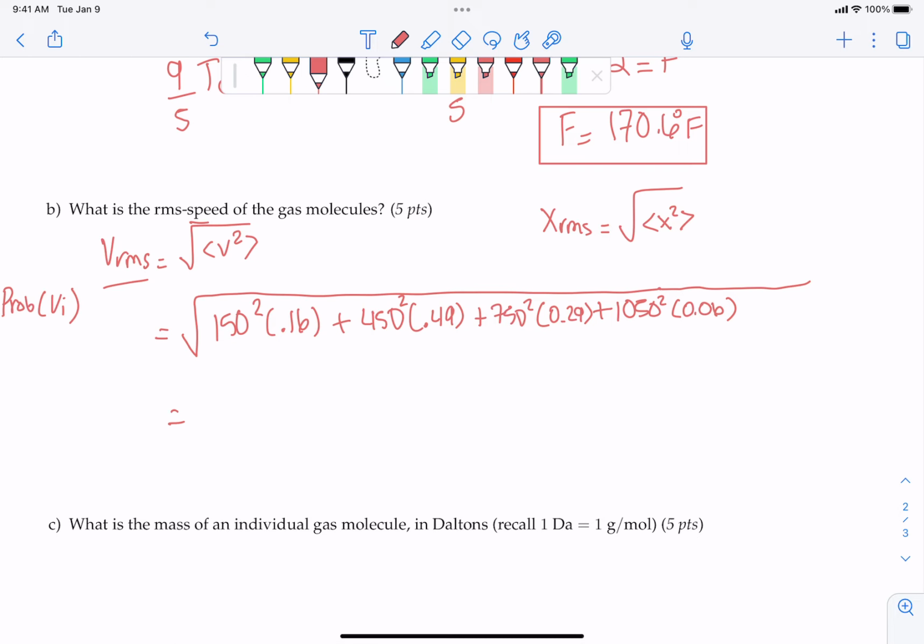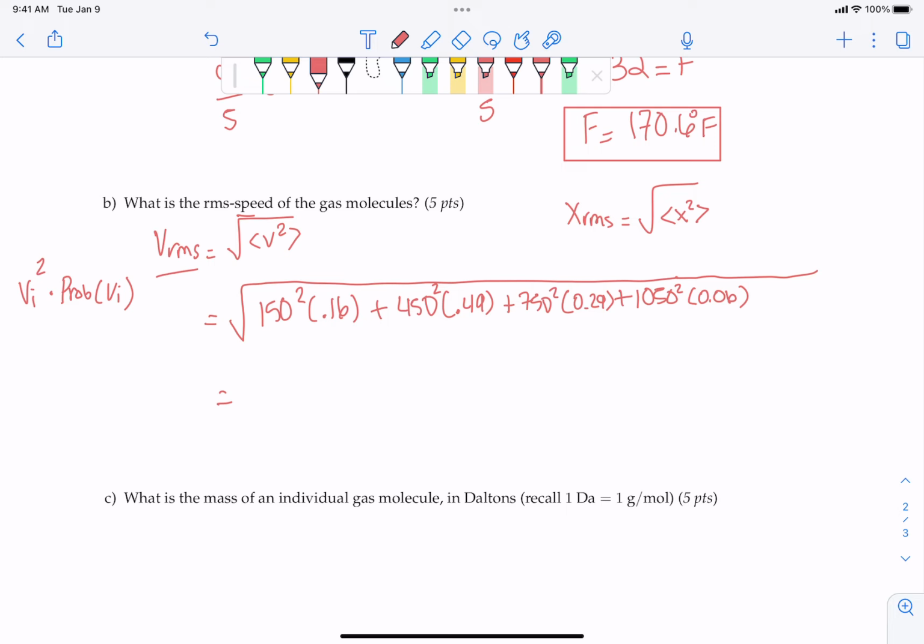So if we calculate this out, what do we get? $432.55.